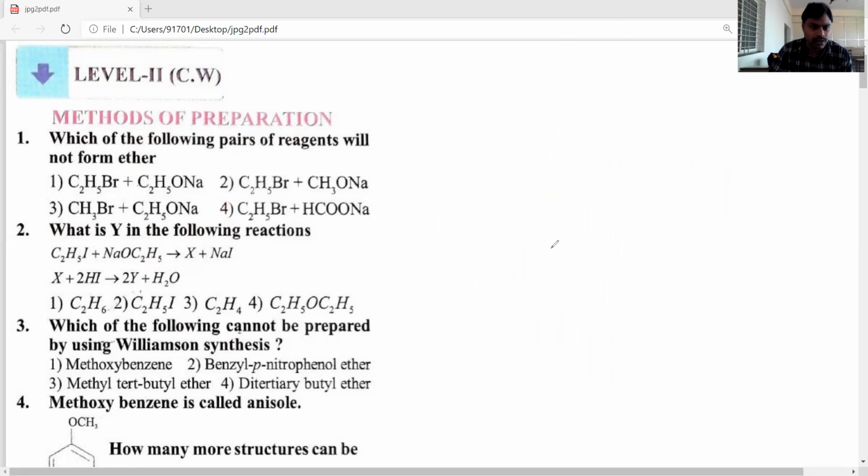The second one: what is Y in the following reactions? The formation of X is according to Williamson ether synthesis. CH3-CH2-I reacts with sodium ethoxide, Na+ O-C2H5.